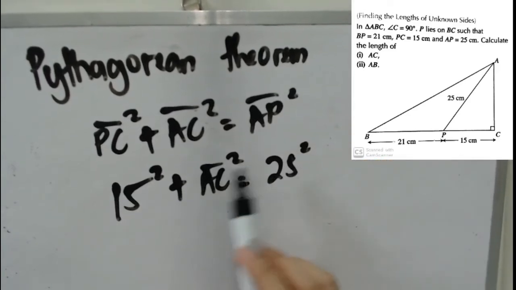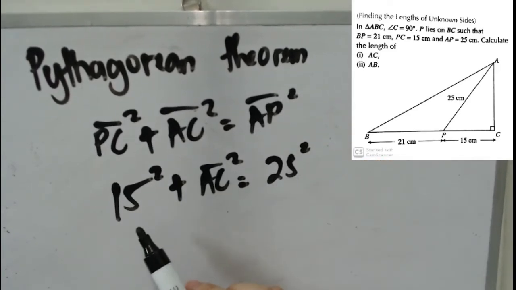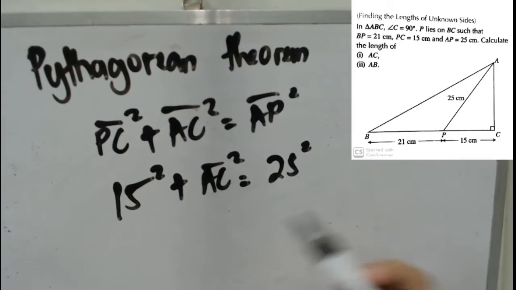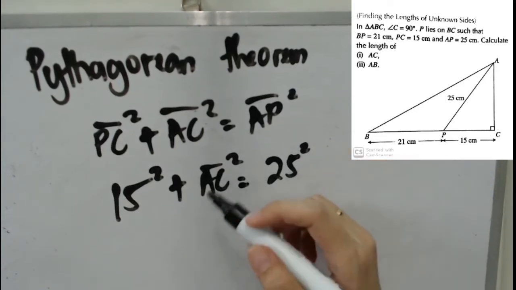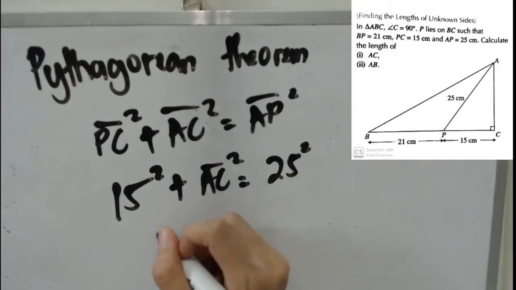Instead of transposing AC to the other side, I'm going to transpose 15 squared to the other side. This is another method of finding AC squared.